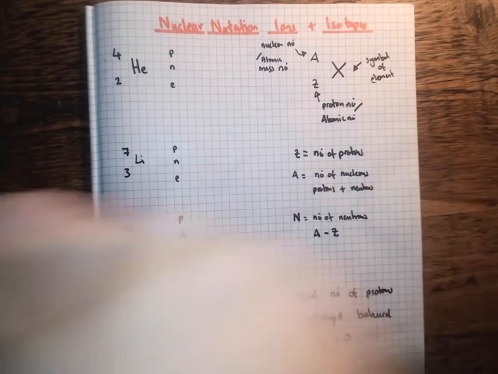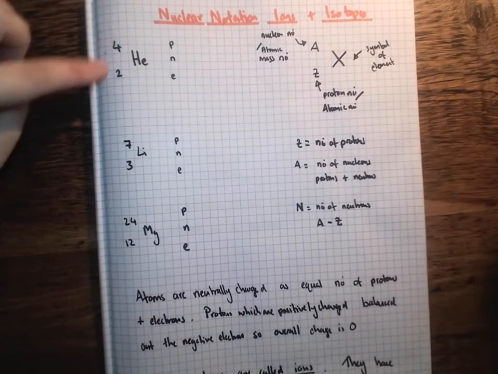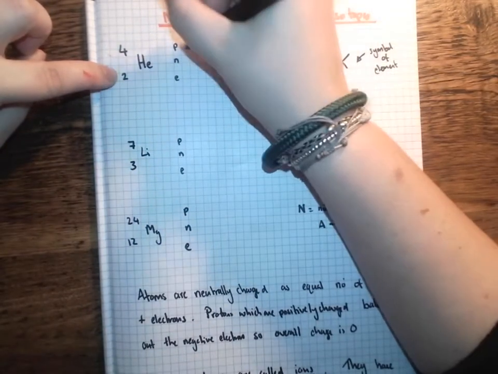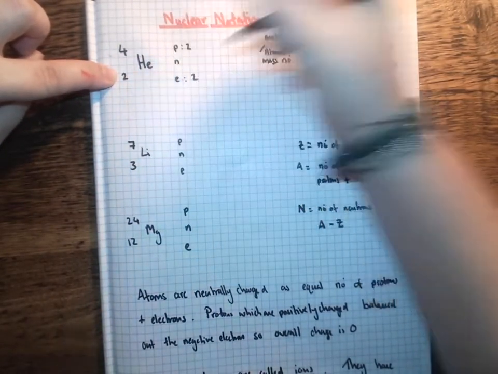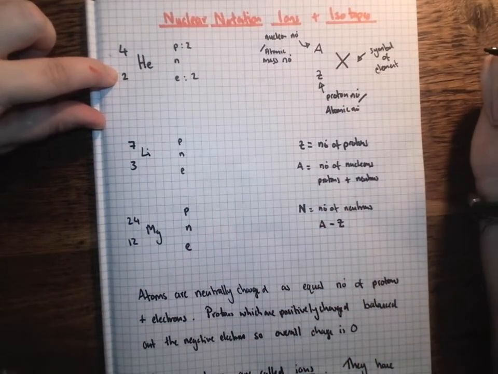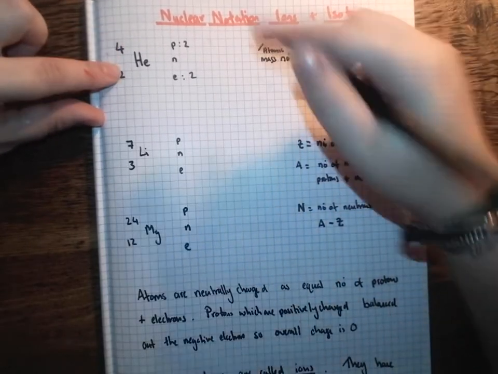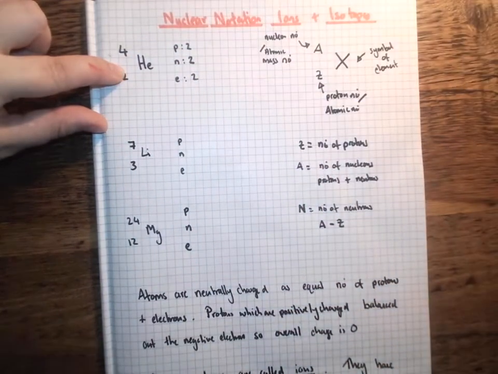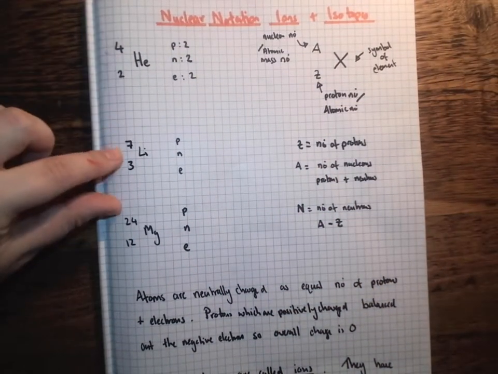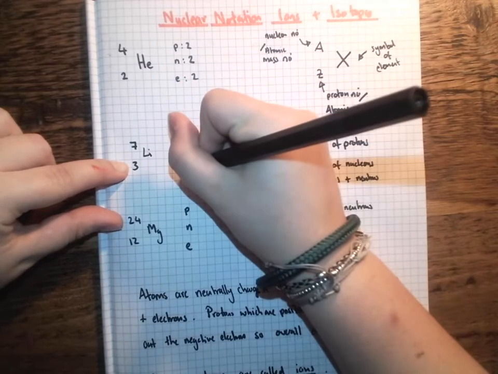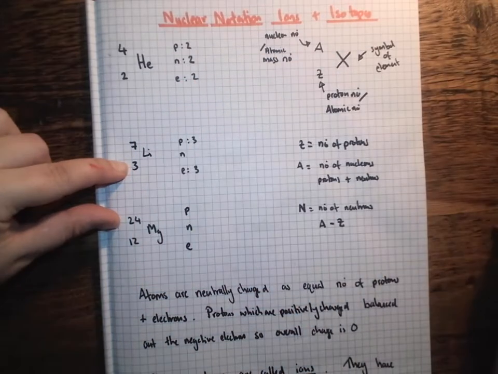So if we just go through and have a little look at practice working out these ones here. So for helium, my proton number is going to be 2, and therefore my electron number is also 2. To work out my number of neutrons, I need to do my A minus my Z. So 4 minus 2 also gives me 2. For lithium, my Z number is 3, so that means my number of protons is 3 and my number of electrons is 3.